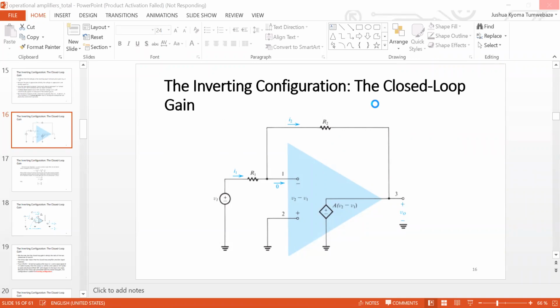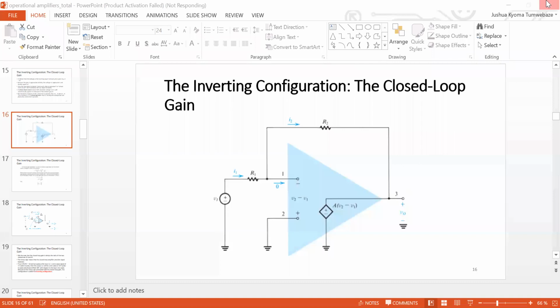Then we had started analyzing the inverting configuration of an op-amp, and we mentioned a very important feature of these op-amps: if you have an ideal op-amp, you will see that a virtual short circuit exists between the two input terminals, that is the inverting and the non-inverting input terminals.